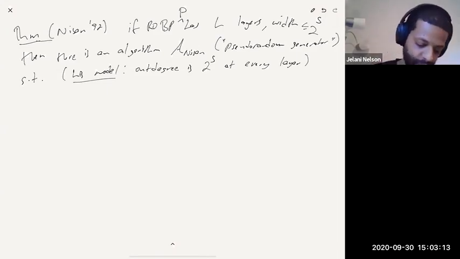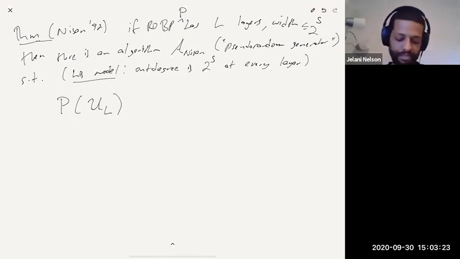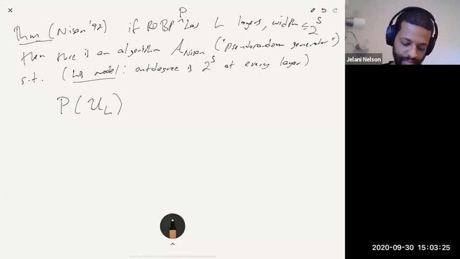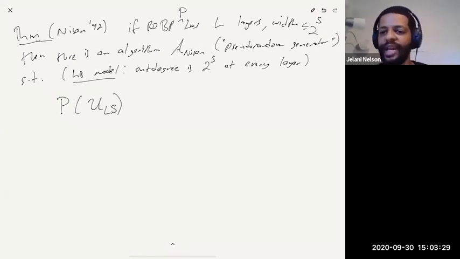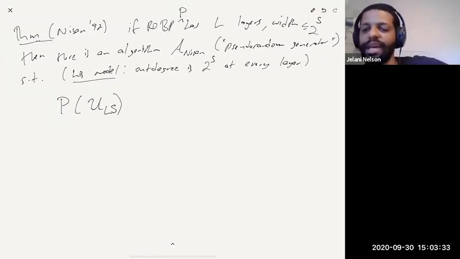Such that if you look at the distribution, so apply P to the uniform distribution on LS bits. There are L layers, and going from layer to layer, there are s bits that you're seeing at a time.